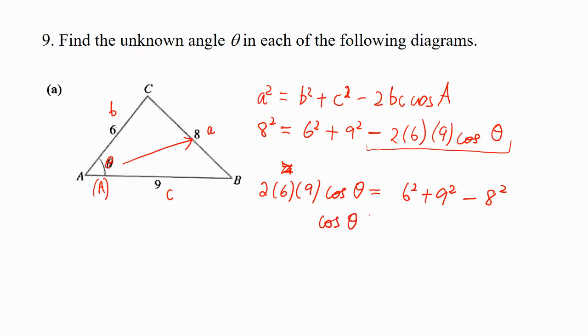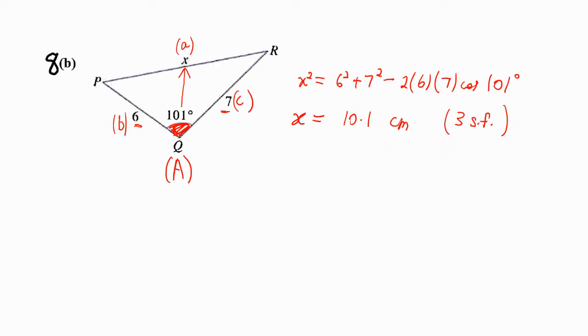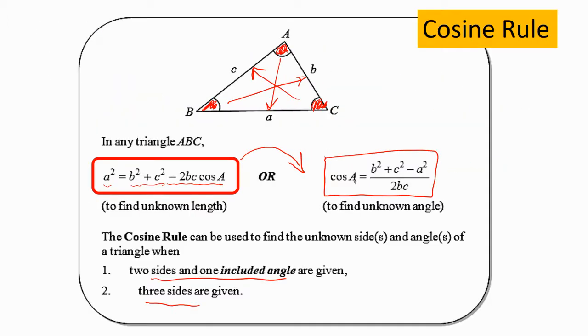Then to find cosine theta, it will be 6 squared plus 9 squared minus 8 squared over 2 times 6 times 9. So this part is the equation that was mentioned earlier.